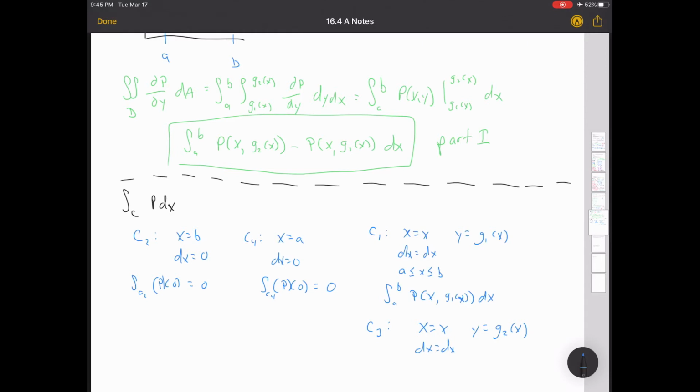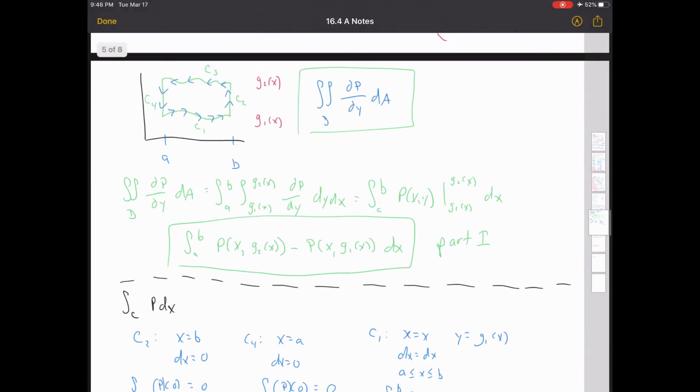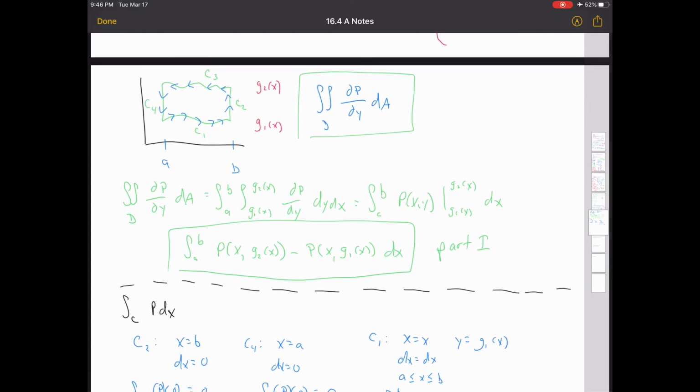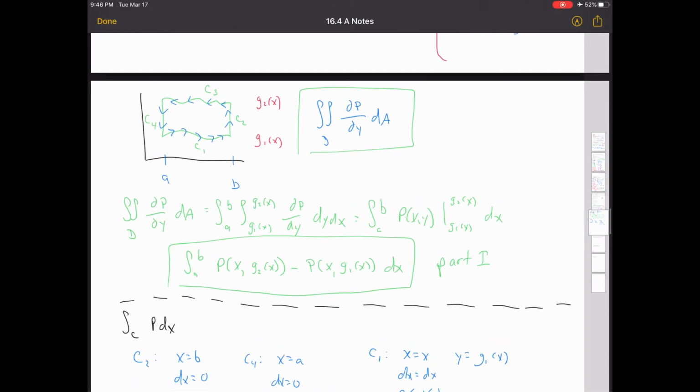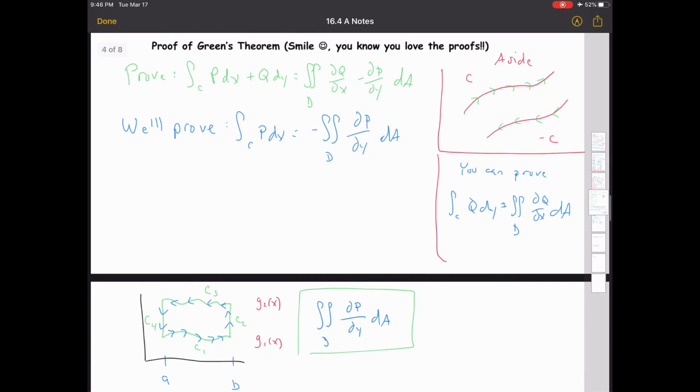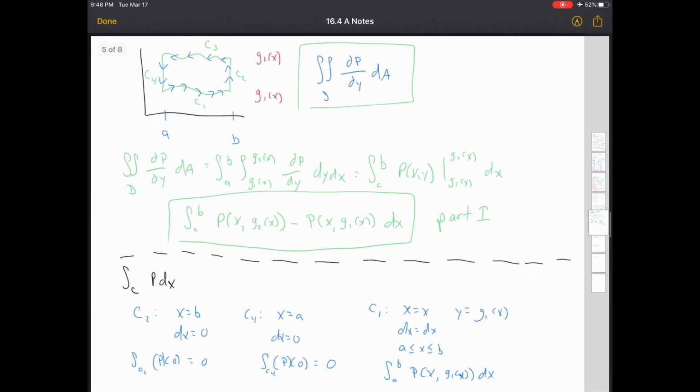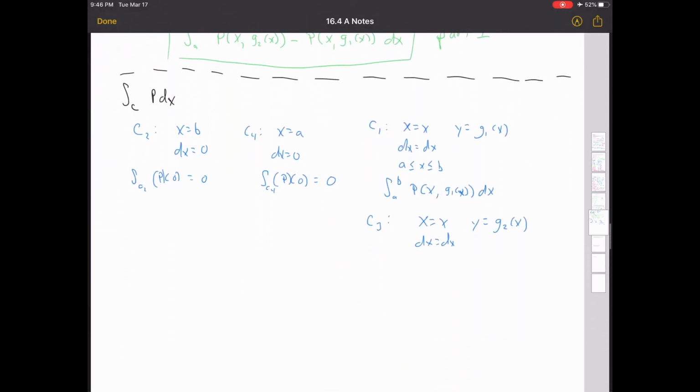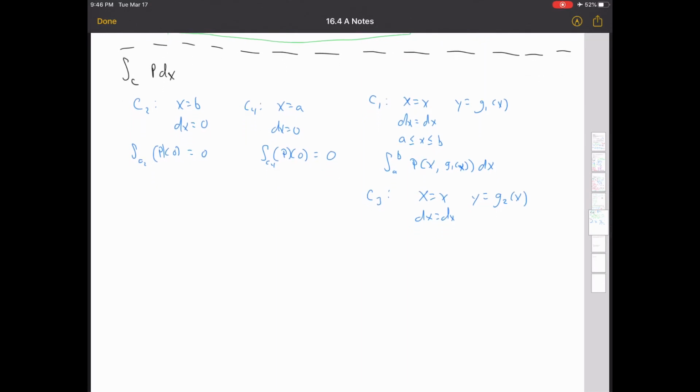Normally we would say that x goes from b to a, because C3 is going from b to a since we're traversing this thing counterclockwise. But we don't want to do it that way. We want to actually get it to go the correct direction. So this is where this little aside up here says that if we have C, which goes in one direction, if we turn it around to go the other direction, it's really negative C. So really this C3 down here is going to become a negative C3 in order for us to get this to go the correct direction.